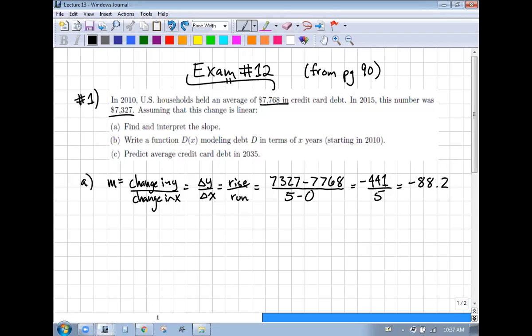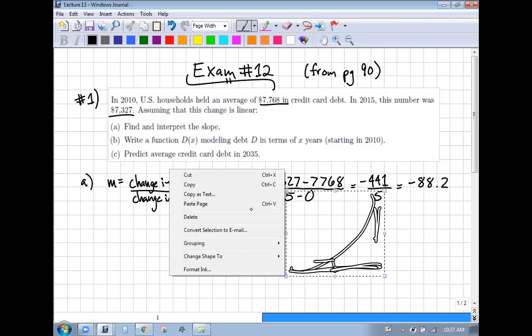That's what they mean by linear. They mean every year the debt changes by the same amount. That's what gives you a straight line. If it wasn't a straight line, if you had something curved, that means in these years the debt changed a little bit, but over here in these years, the debt changed a lot. But we're assuming linear.